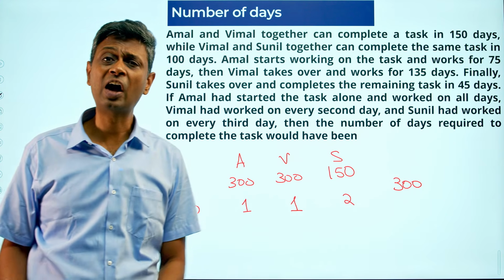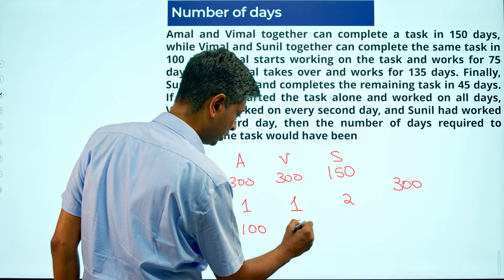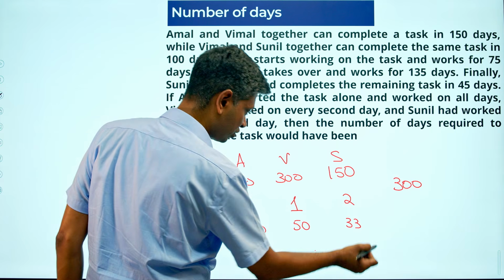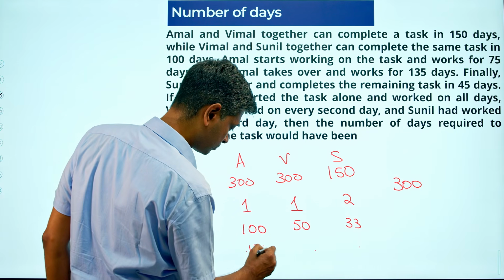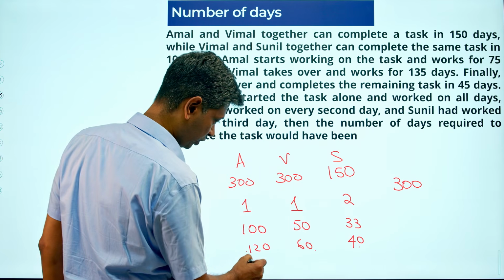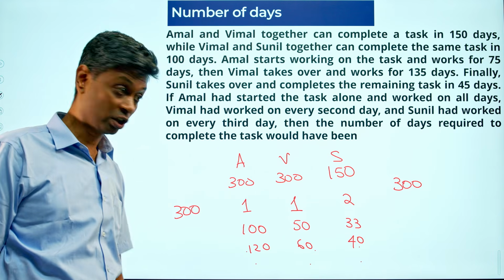Hypothetically, if they work till 100 days, they worked 100, 50, 33. That's 100, 150, 66. It doesn't work. I'm going to up it to 120, 60 and 40. That also doesn't work.